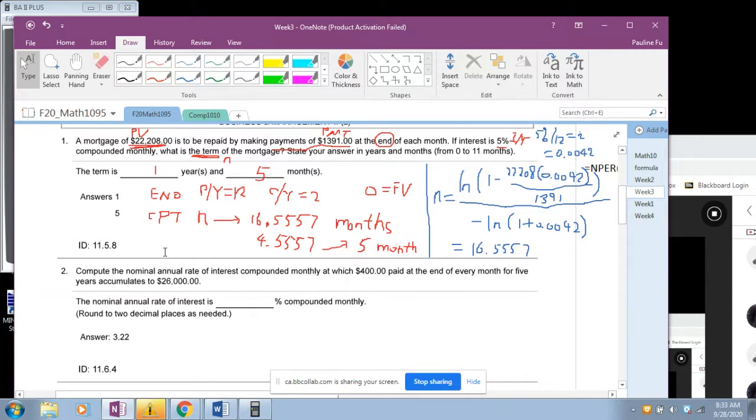So now let's move on. Question 2. Compute the nominal annual rate compounded monthly at which 400 is paid at the end of each month for 5 years, accumulating to 26,000.